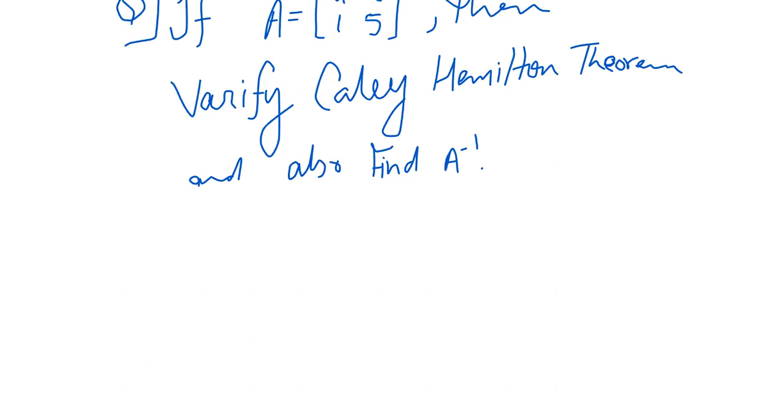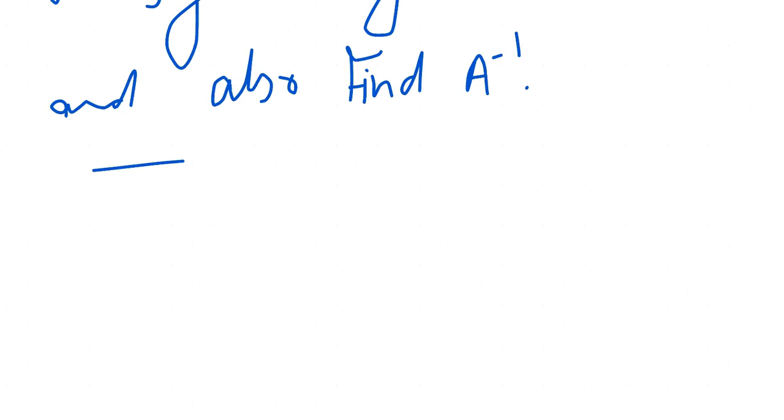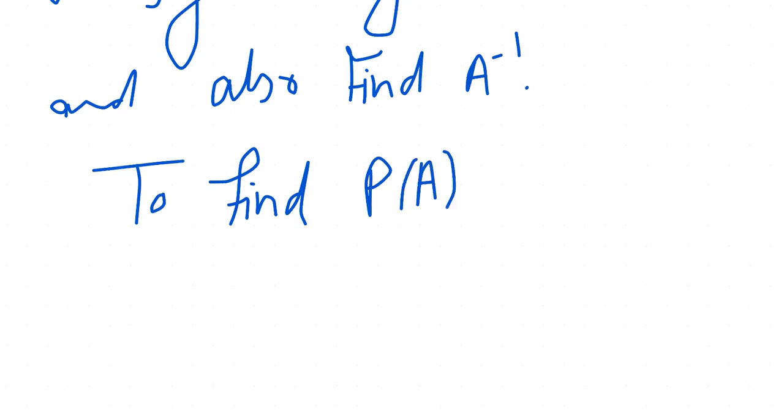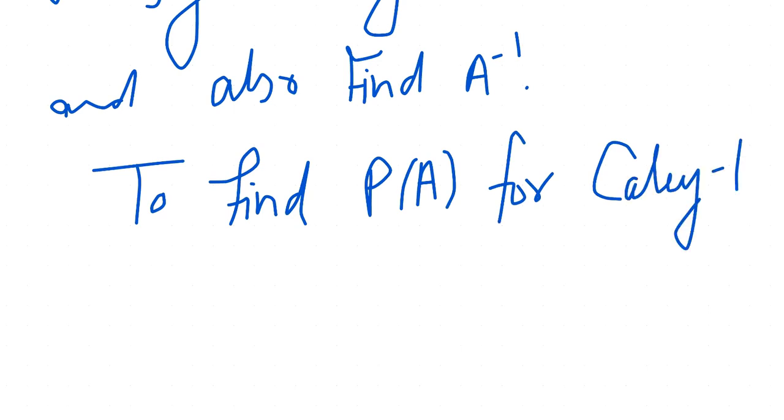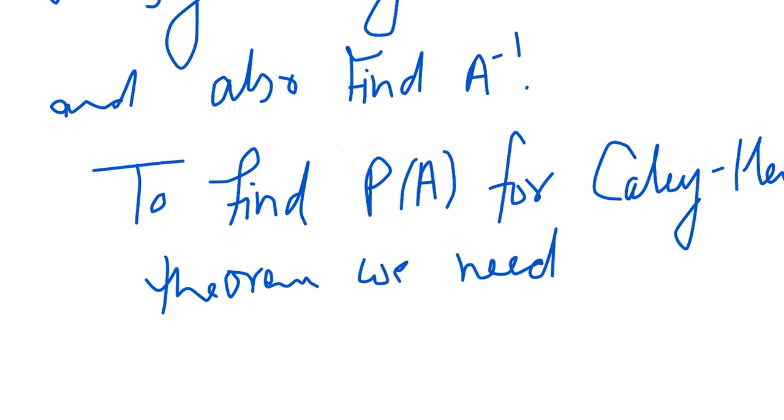To find P(A) for the Cayley-Hamilton theorem, we need P(lambda), the characteristic polynomial.